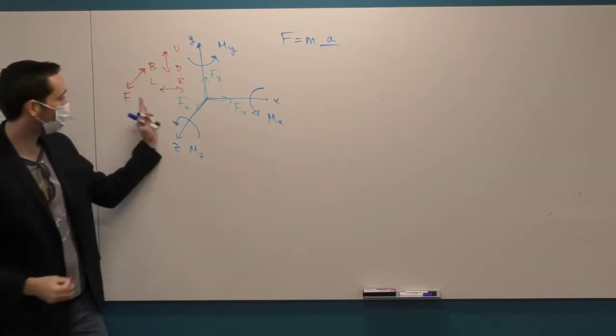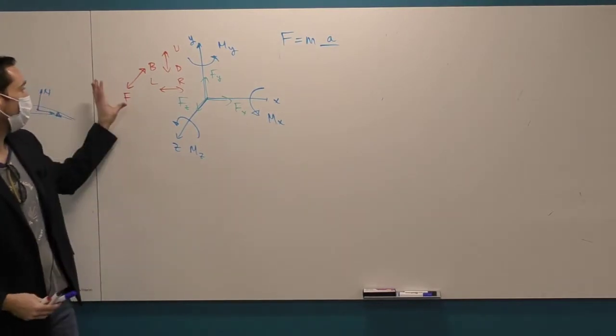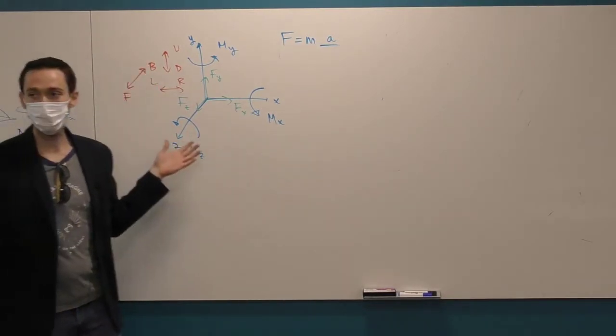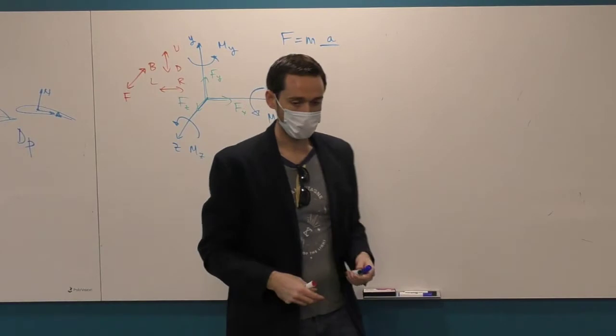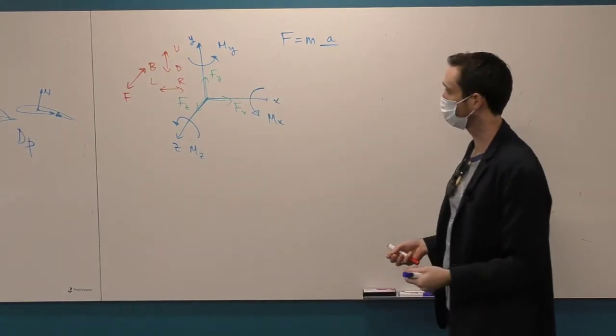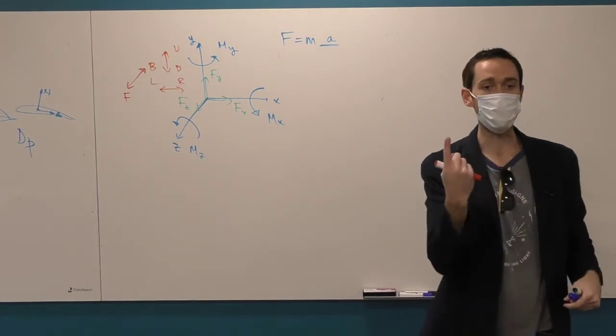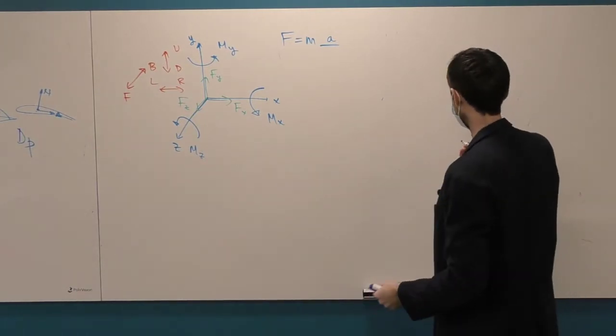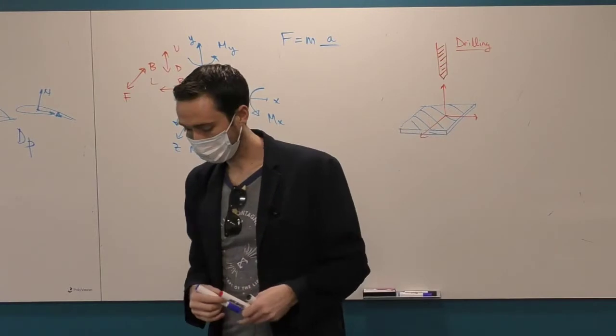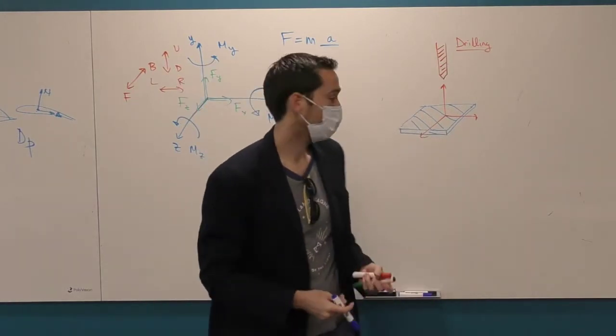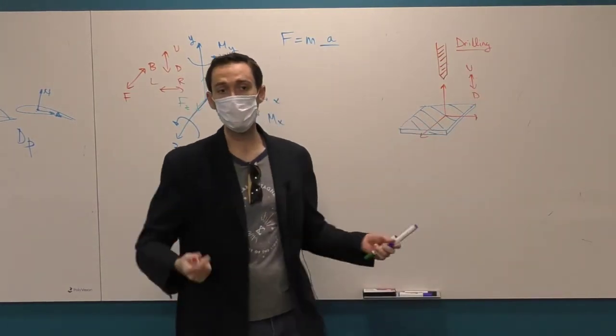So let's forget the sciencey terms for a second and just consider this. This is what we need to be able to do to cut material. The easiest thing is just like when we learned about pulling a tensile specimen. It's 1D, so the 1D setup gets us up to down. That's it. We can make holes.